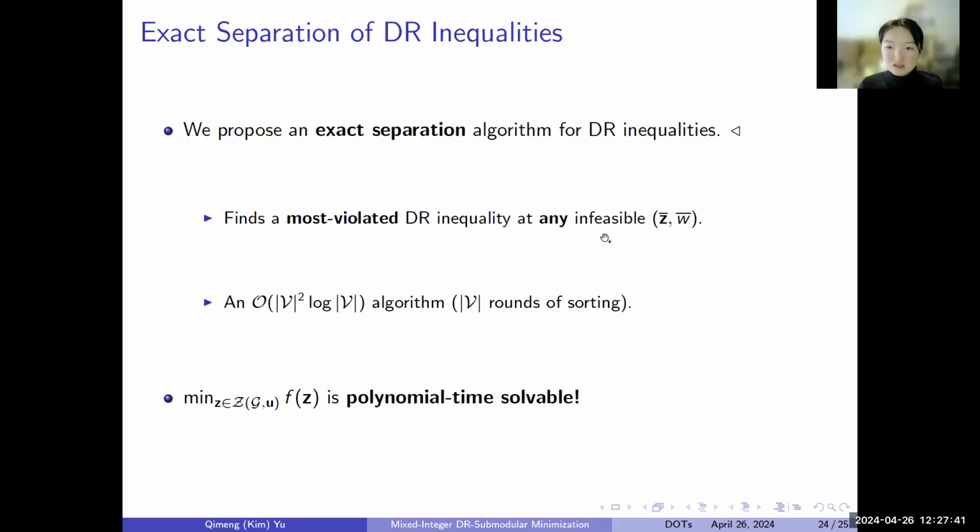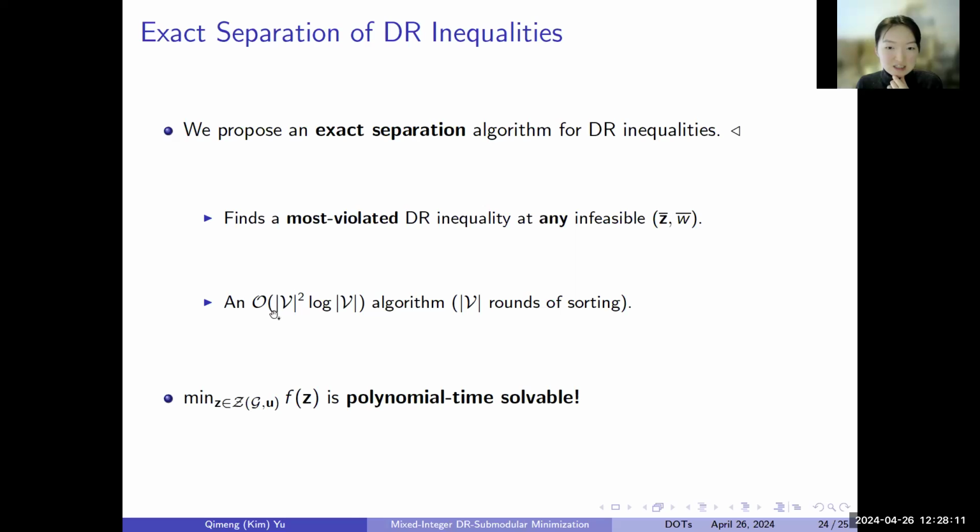So what you do is you solve some sort of relaxation with a subclass of DR-submodular inequalities that works for just the classical submodular set functions. You get some fractional solution, which is infeasible. Then you just sort the fractional entries of z, which gives you a permutation. And once you obtain this permutation, you know which additional valid inequality to feed in.